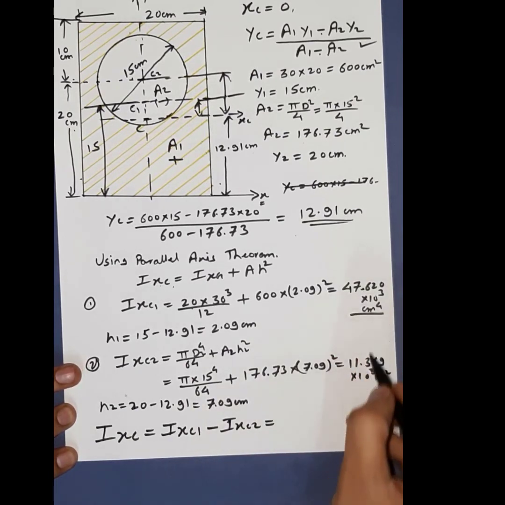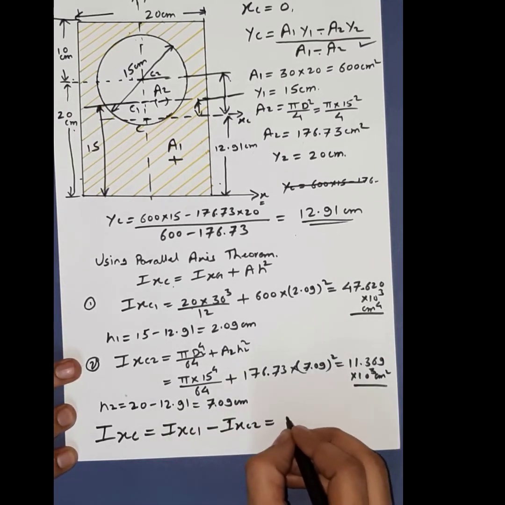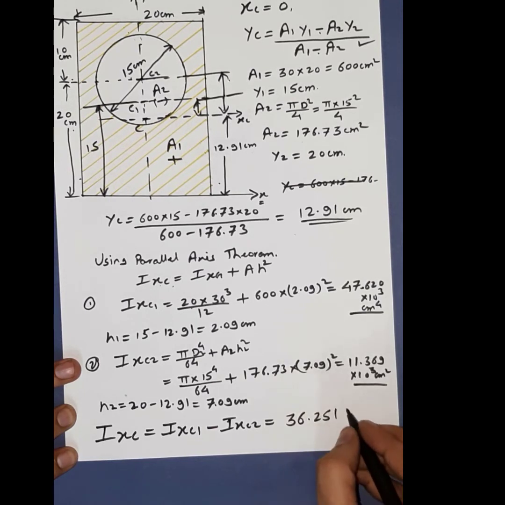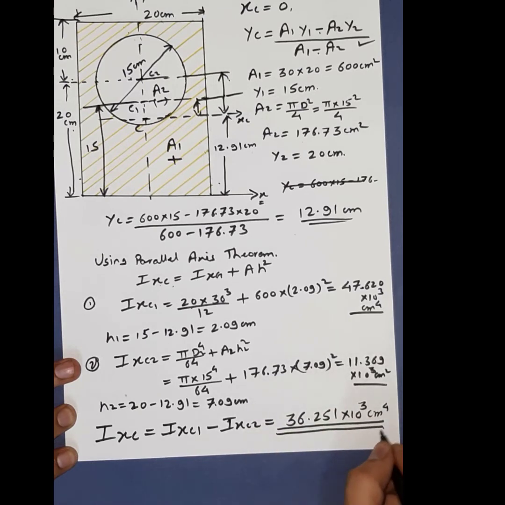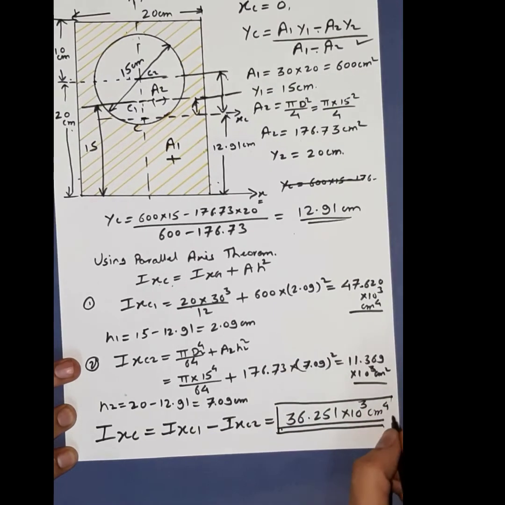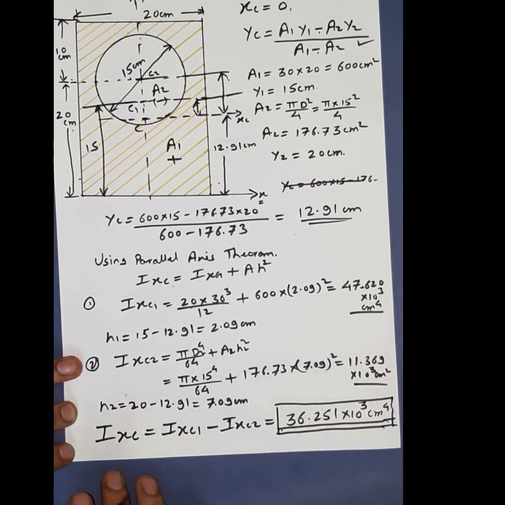By doing that, you will get your answer as 36.251 into 10 to the power 3 centimeter to the power 4. So this will be the final answer: the moment of inertia of this figure about the centroidal axis.